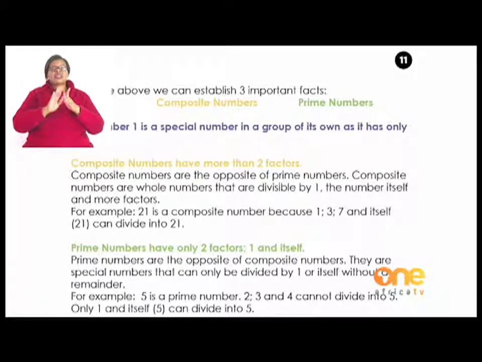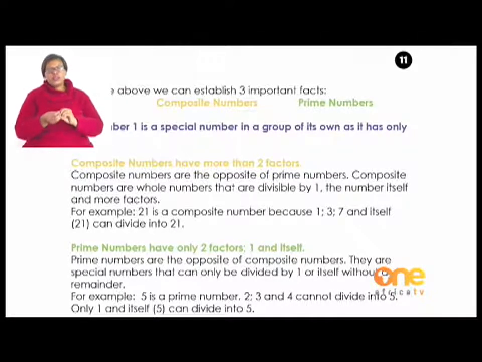Now, let's quickly go to prime numbers. Before we touch on composite numbers, let's see what they say. What is a prime number? It says there that a prime number only has 2 factors, 1 and itself. It continues to say that prime numbers are the opposite of composite numbers.